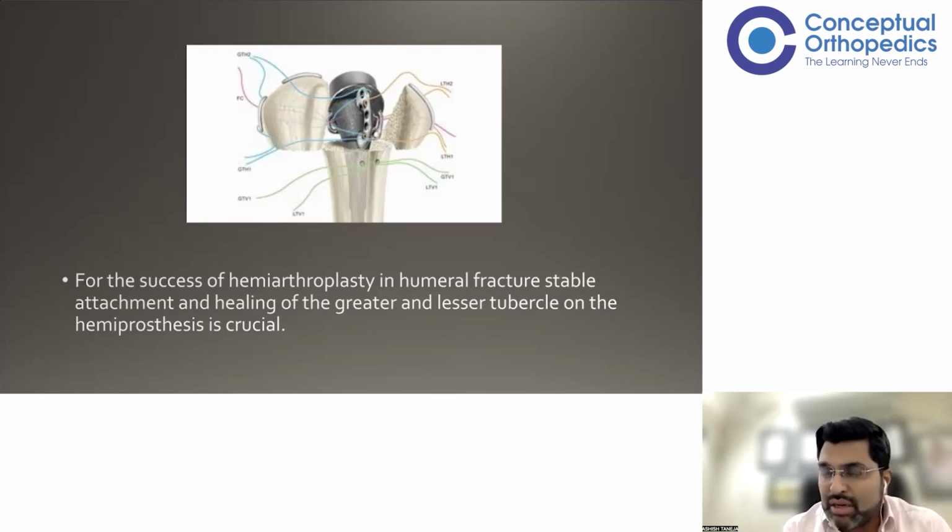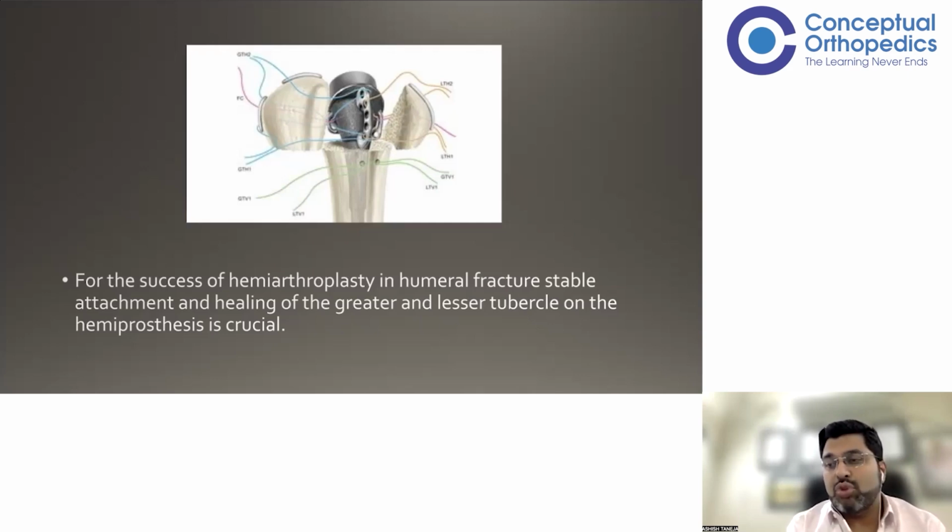The patient may become pain-free, but the movements will be really restricted. So if you want a good function or good outcome, you have to ensure that your tuberosities are sutured well. You should have a plan of fixation of your tuberosities. It's a very complex way of fixing them, but you should be prepared. That should be your main plan, how we will reconstruct the tuberosities.